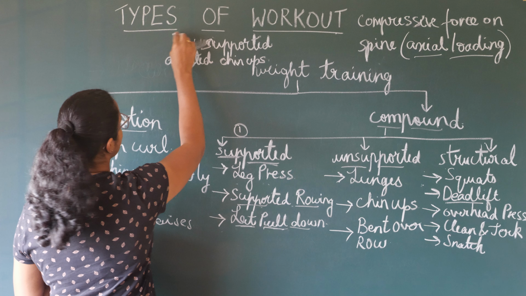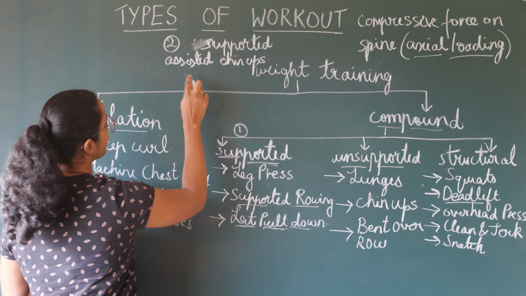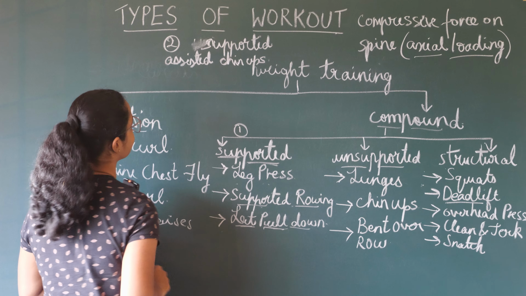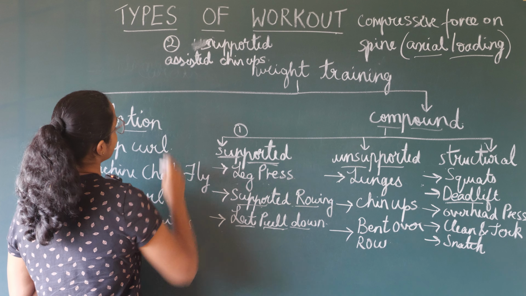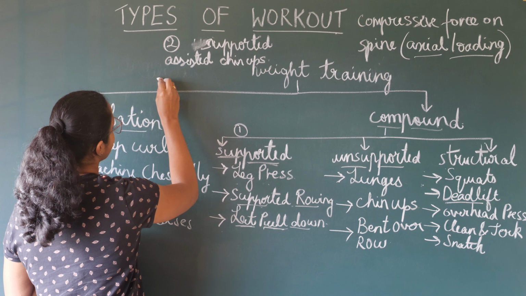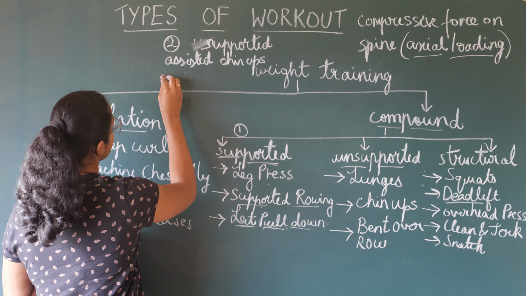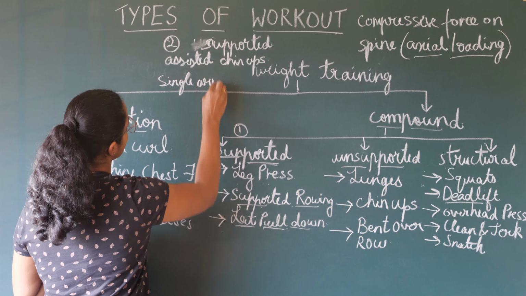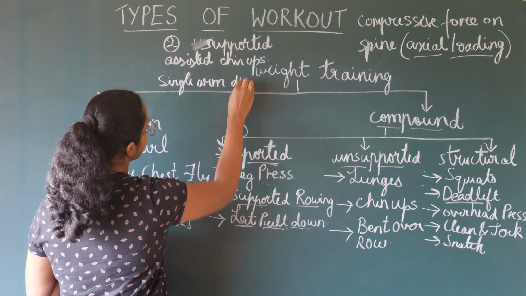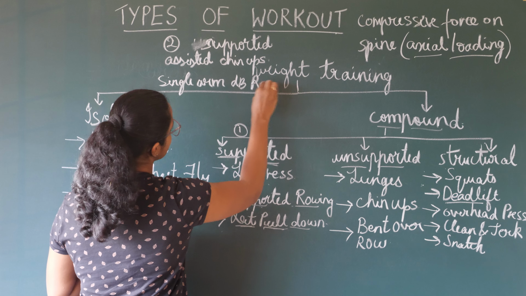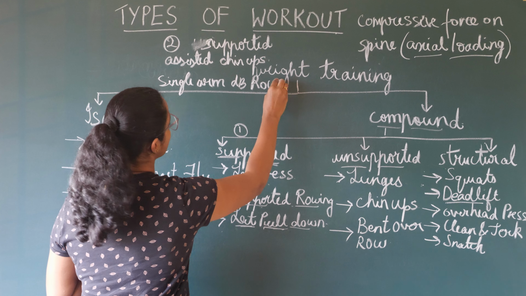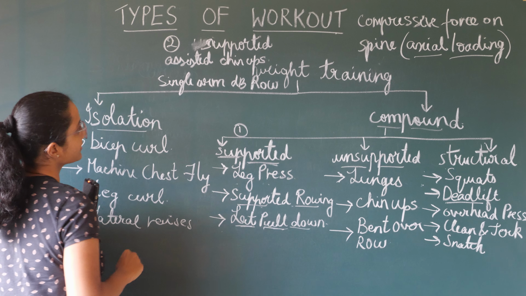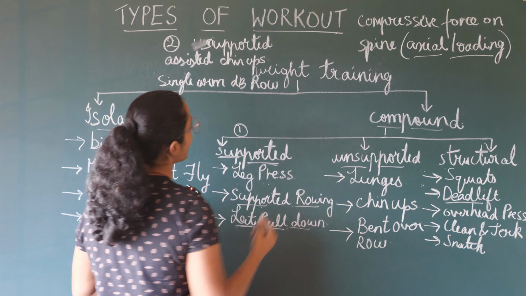Then this is the second phase, I give him assisted chin-ups, and I will give him single arm dumbbell rowing. Okay, then I will progress him to unsupported.